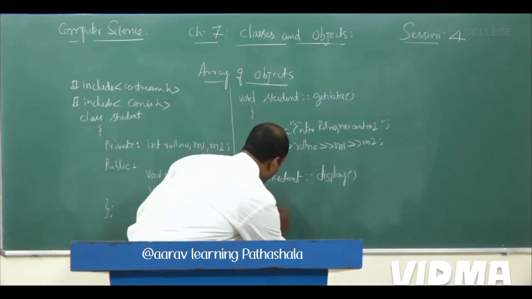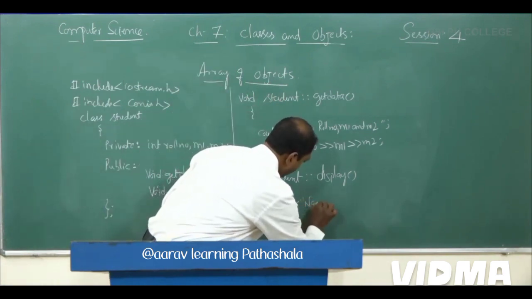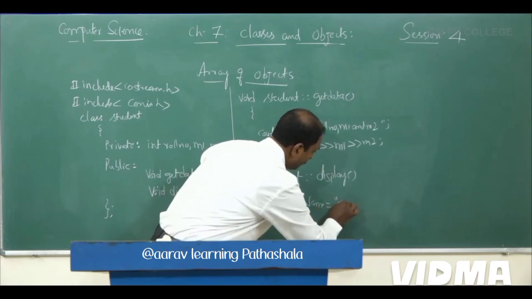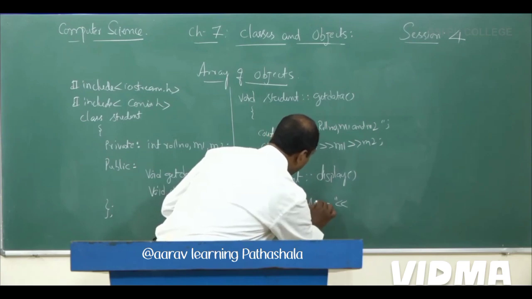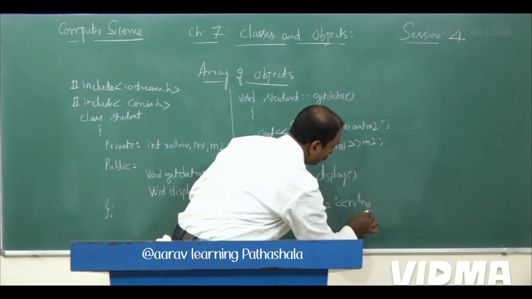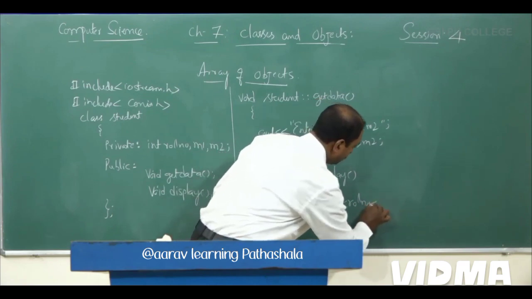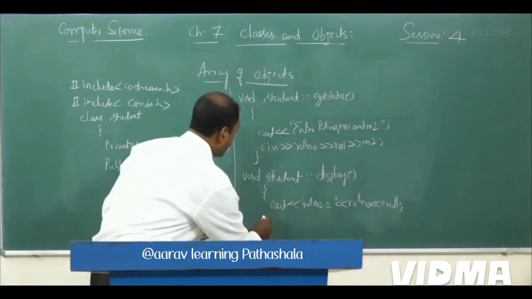We can write like this. See cout, name equals, roll number equals the variable roll number, endl.